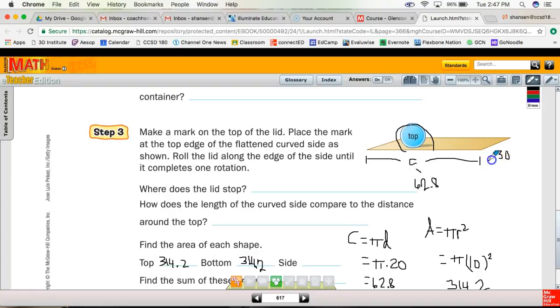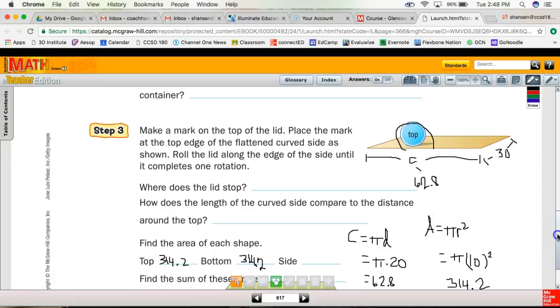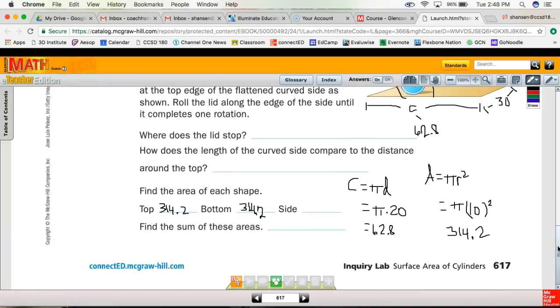So length times width would be 62.8 times 30. Area equals length times width. And that gives me 1885.0.